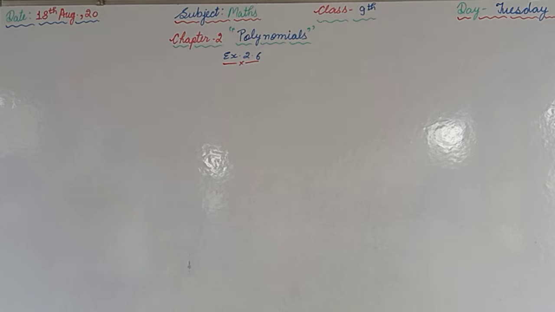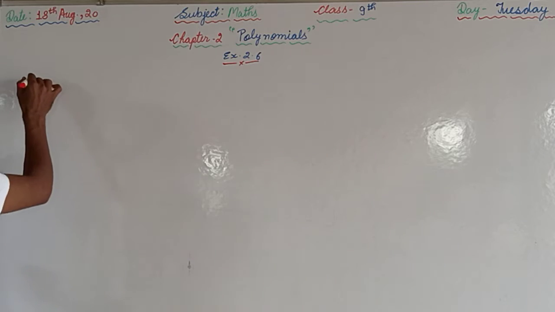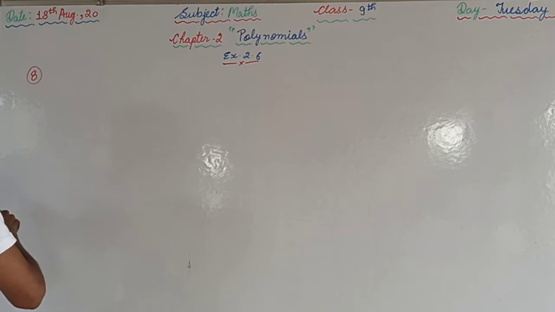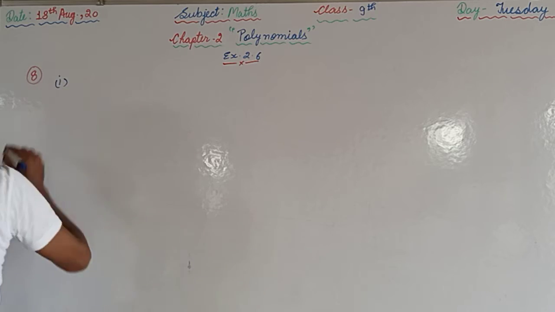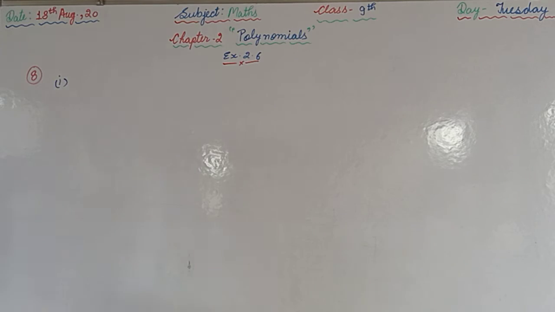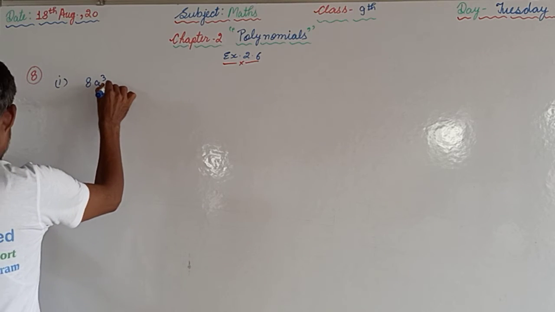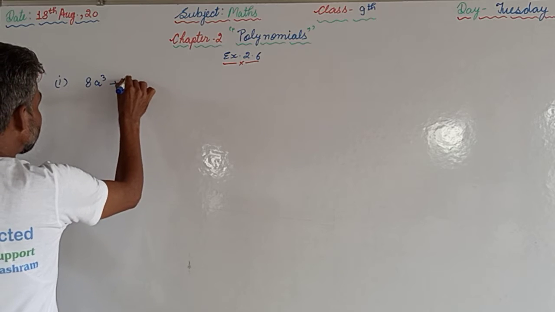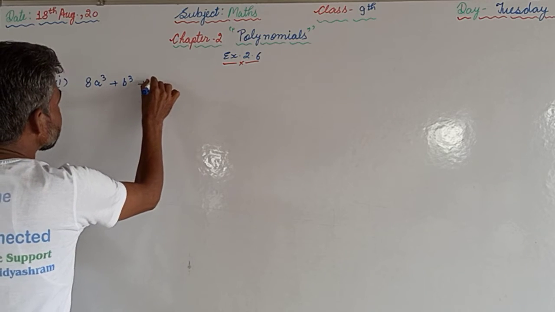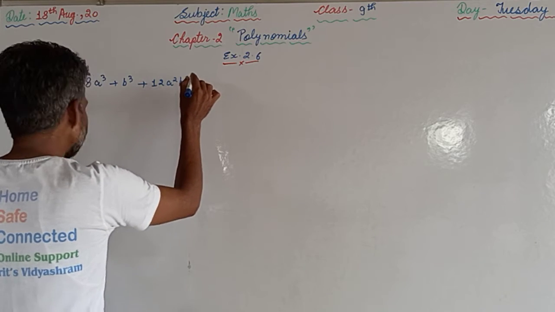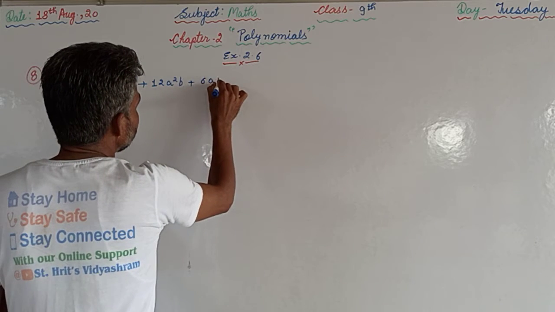So what is the difference in that? That is question number 8, and question number 8 is factorize. We have to factorize, and the first part is 8a cube plus b cube plus 12 a square b plus 6 ab square.